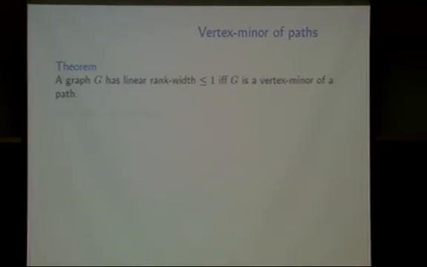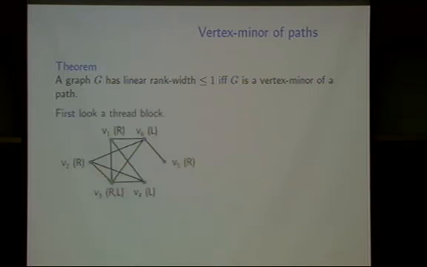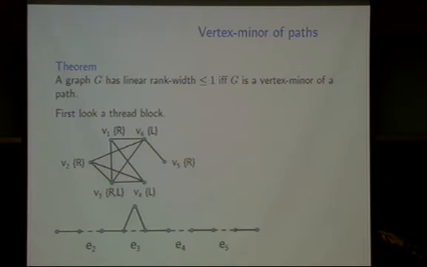Our theorem is that G has linear rank-width at most 1 if and only if G is a vertex minor of a path. We want to prove the "only if" part. Look at a thread block. I make a path-like graph such that the number of vertices is n.